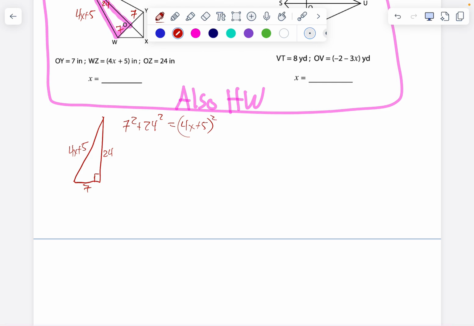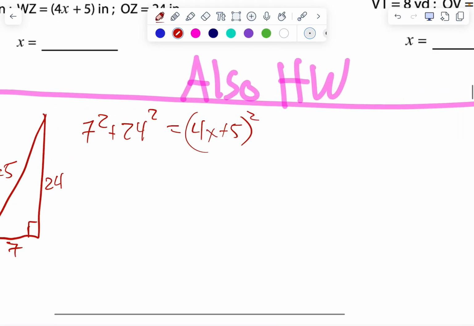What have we seen so far? Is this going to be 16x squared plus 25?